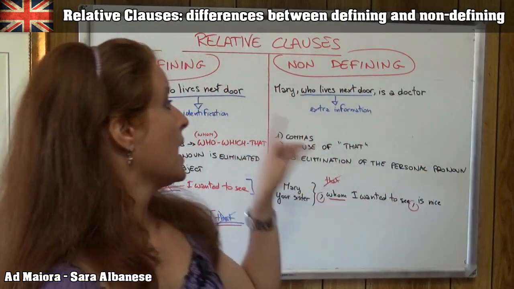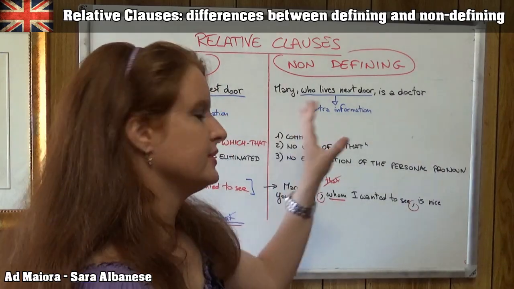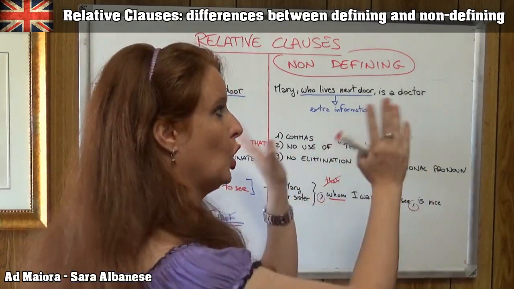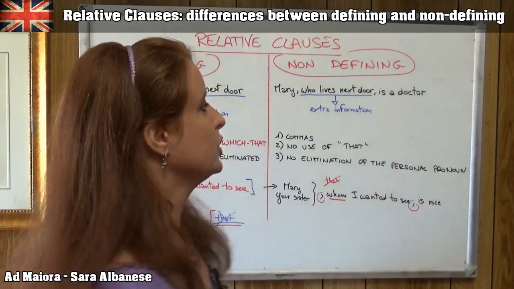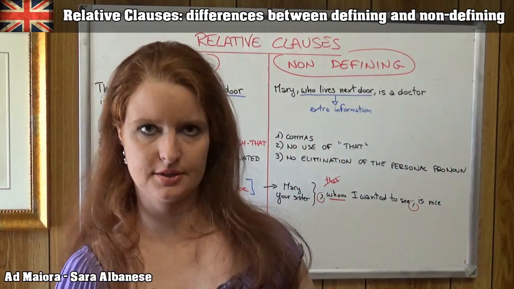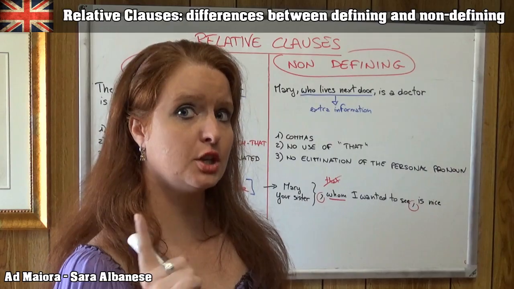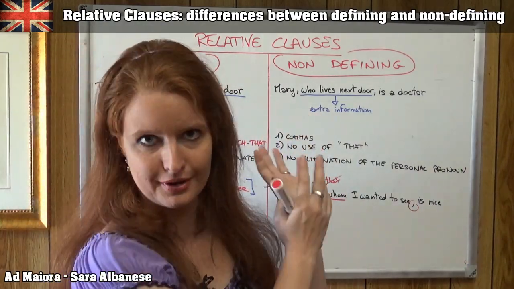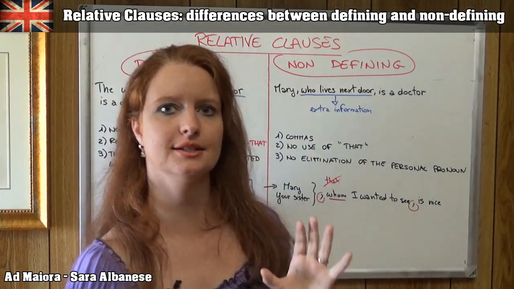But if I say Mary, who lives next door, is a doctor. Mary is a doctor is always the main clause, and the relative clause is always who lives next door. But there is a huge difference. In this case, the element Mary, okay, is already identified.